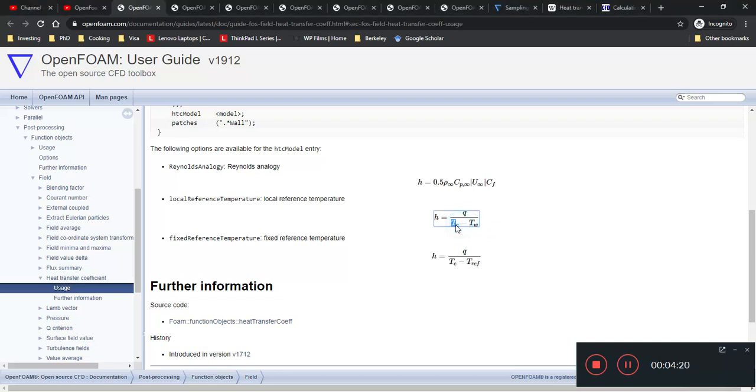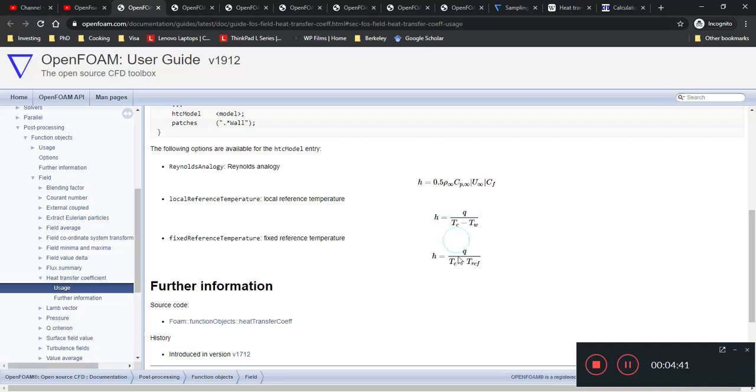Tc is the temperature of the coolant, Tw is the temperature of the wall, or you can use an average reference temperature, which you can key in by yourself, and that ought to be the average temperature of the wall, since that's what you want to find out. Question is, what is this Tc?